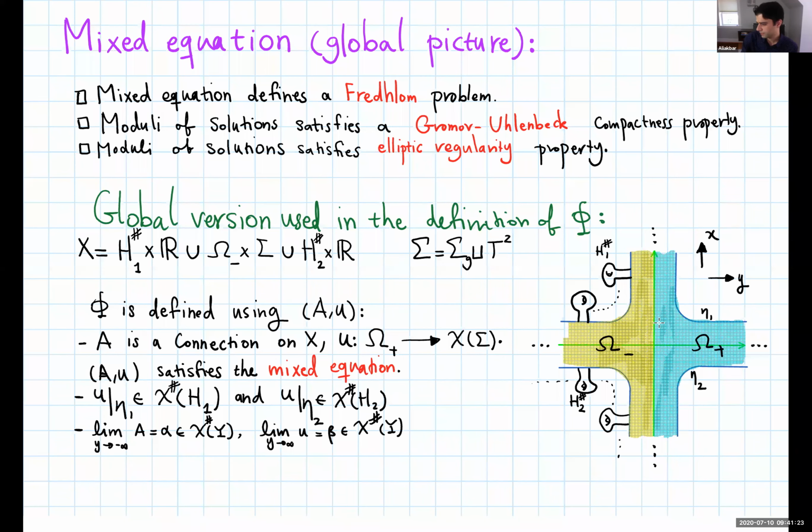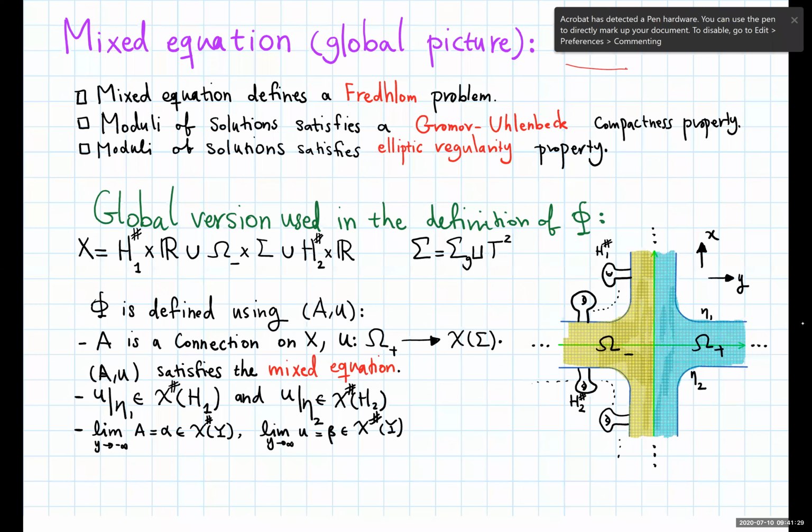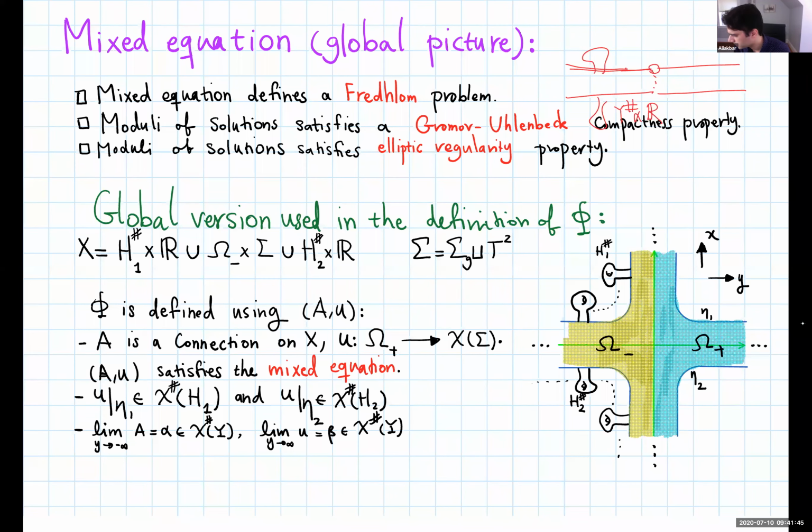Well, you can think about this almost. Let me see if I can try to write down here. So this is maybe Y, your 3-manifold, which in this case is really Y sharp times R. And then there's a holomorphic strip part. And then there's a matching line here.